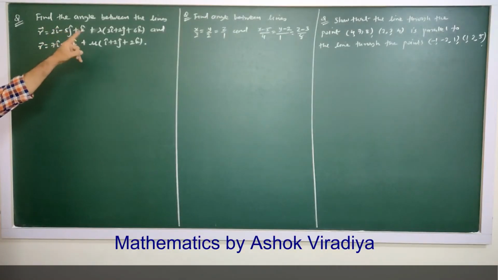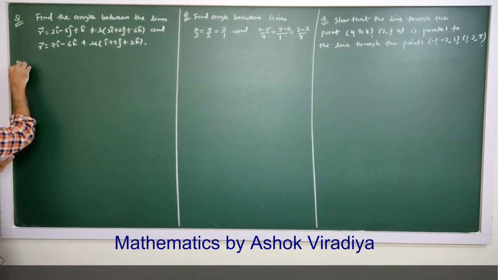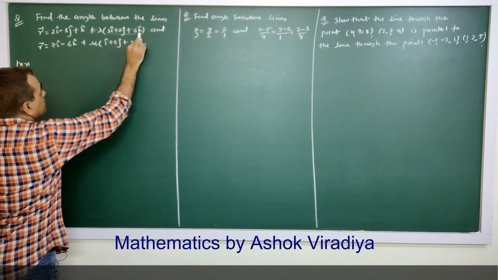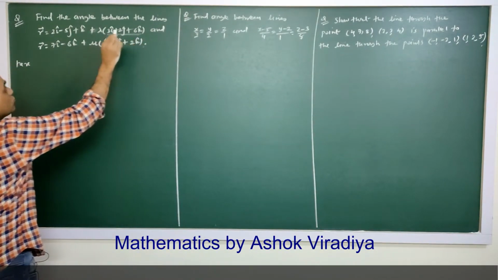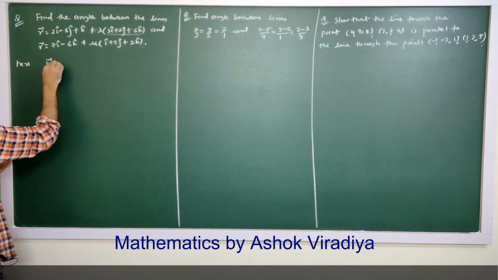Find the angle between these two lines. Both equations are in vector form. Now see here, this is a vector parallel to this line. So let me say this vector is B1.